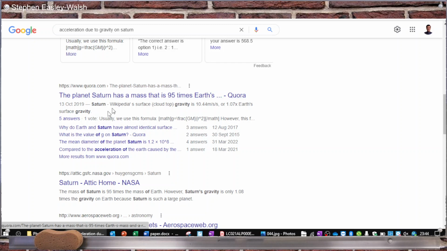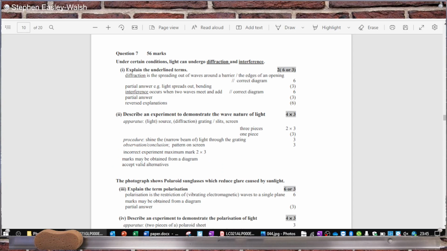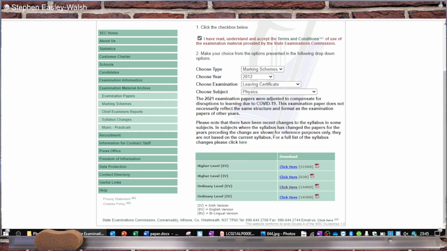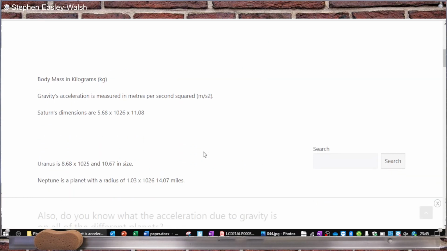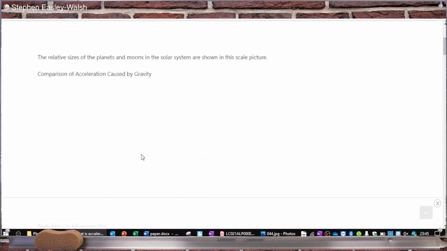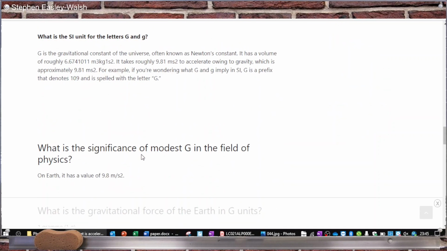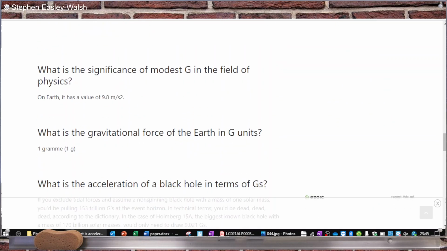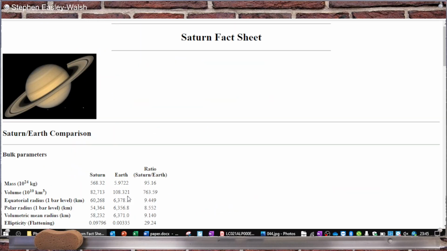Let's see if this is right now. This is not coming up as easily as you would think. Go back to the first result. The NASA page should be good.